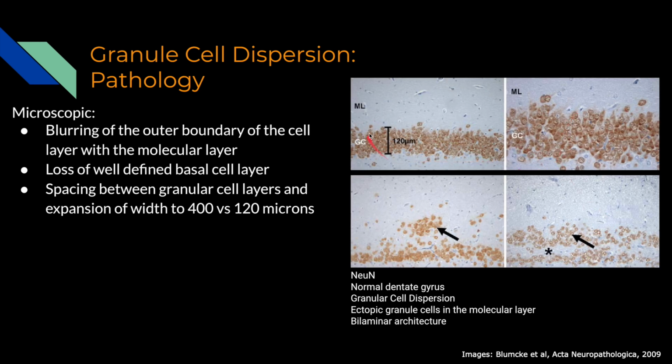Here are some more nice images, again just highlighting the tight, short width of the normal granular cells of the dentate gyrus. The molecular layer is shown here, and then you can see here this becomes much more blurry and fuzzy and expanded, and you can have different variations with these clusters or these duplications of the band.